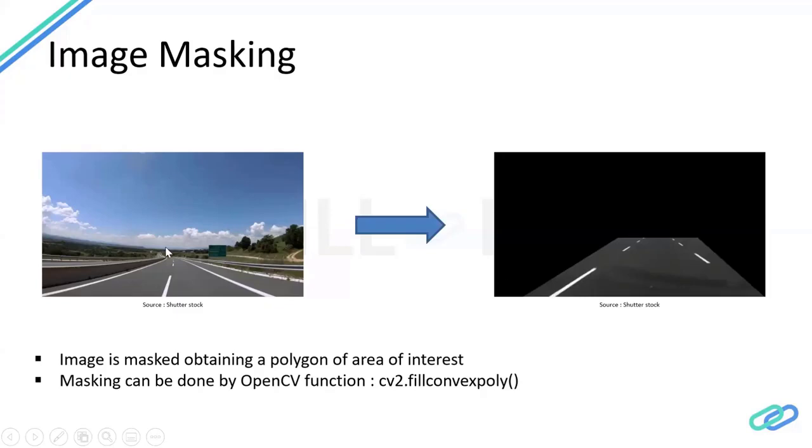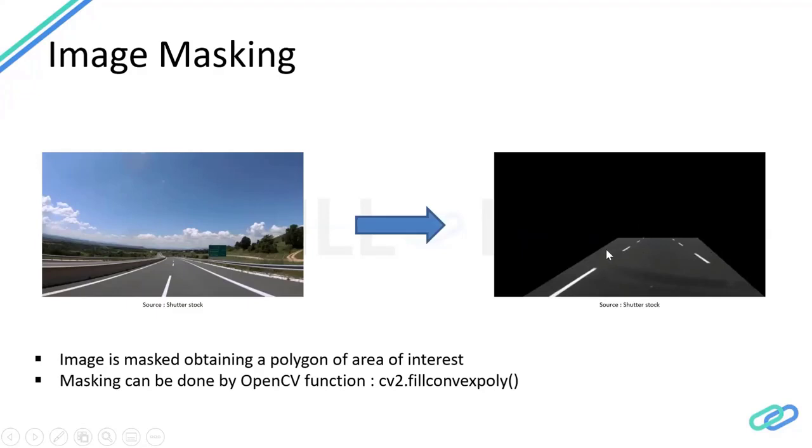We are predominantly interested in the lane markings, so you have to mask out a majority of the region of the image to just get the lane. There are multiple ways that you can do it. Here, using an OpenCV function called fillConvexPoly, it treats the region as a convex polygon, and it masks out the majority of the image and only provides the area of interest.